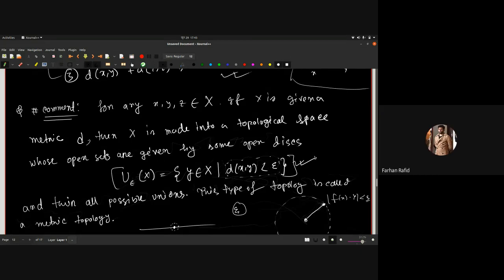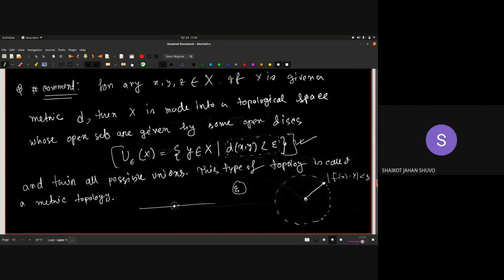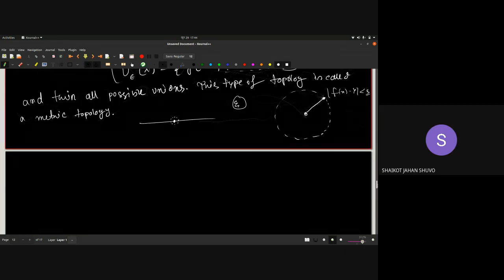Does the ball have to be circular, or would any shape do? When you talk about balls, what do you mean by a ball? You are saying that your distance d of x, y is less than some epsilon. So any neighborhood you draw, don't they have to be the same? Think of what you do in ordinary calculus.